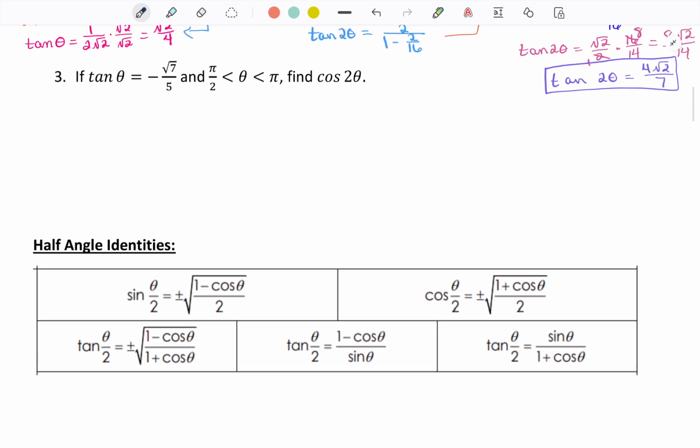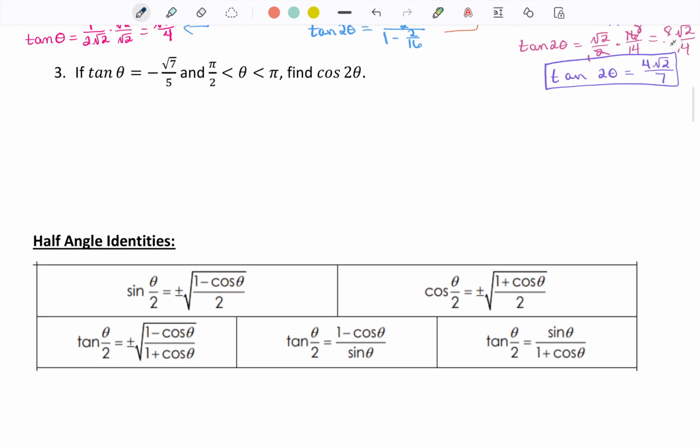Okay, so for number 3 here, we have been given that tangent of theta is the negative square root of 7 over 5, and we are between pi over 2 and pi. So this means that we are in quadrant 2, and we need to find the cosine of 2 theta.